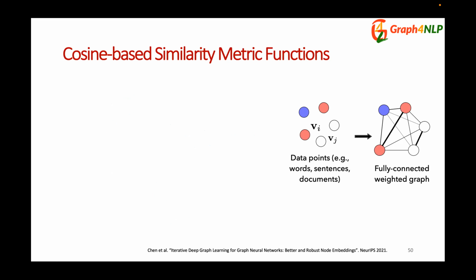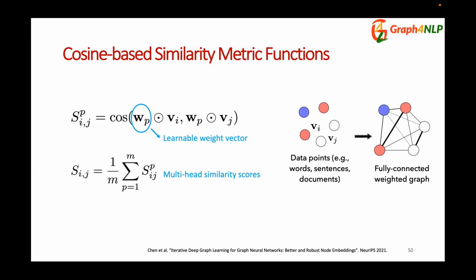Let's see an example of a cosine-based metric function. Here, W_p is a weighted vector associated with the p-th perspective, and it has the same dimension as the node embeddings. Intuitively, s_ij^p computes the pairwise cosine similarity for the p-th perspective, where each perspective considers one part of the semantics captured in the embeddings.